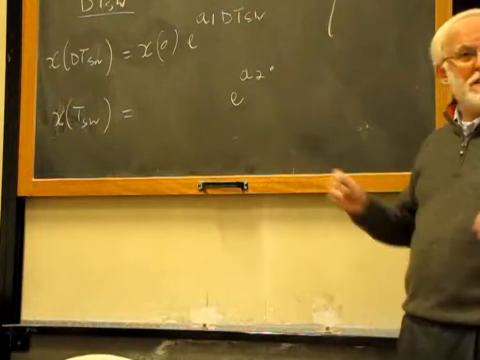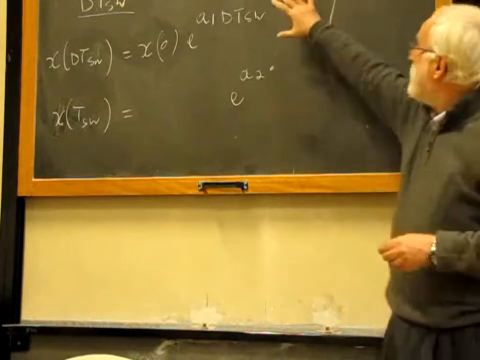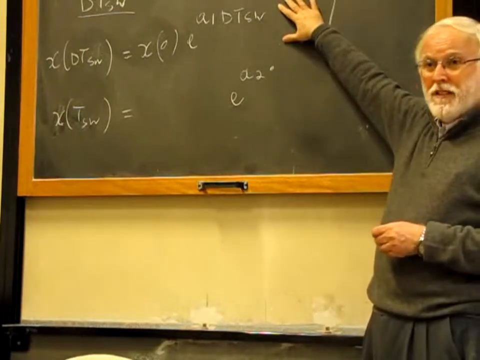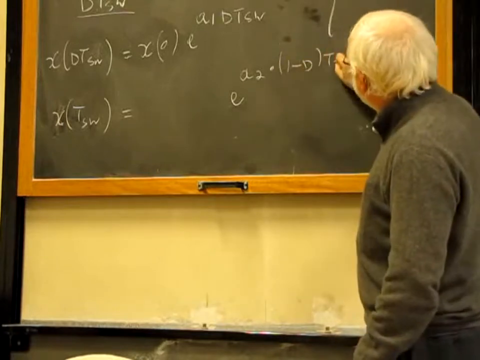So this time is just the length of the period of time while this equation is valid. And this is just the t off, that is, 1 minus d switch.